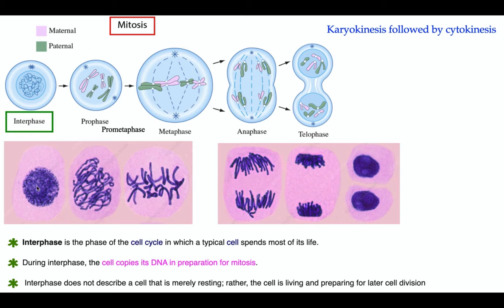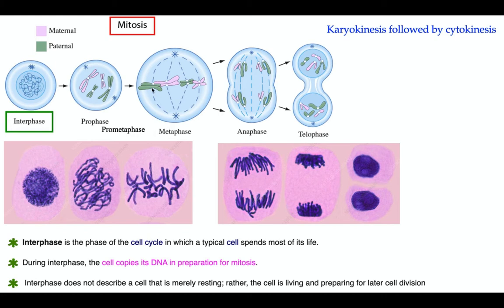This is the interphase, and we can easily see that the strands are darker because they are condensed, short and thick, so they are easily seen during prophase or metaphase or later.